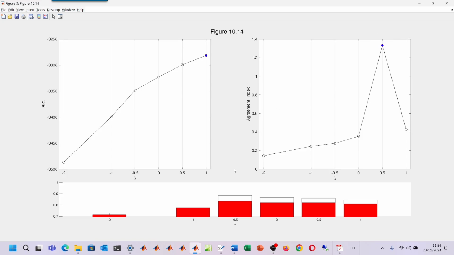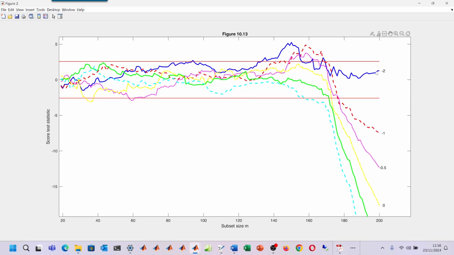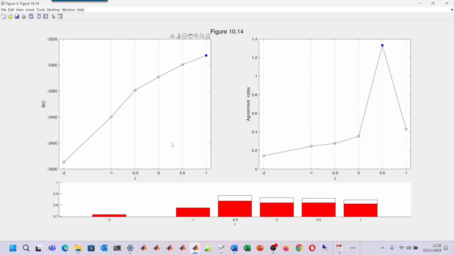A feature to which we would like to draw your attention is that in the fan plot, the trajectory for -2 seems to be behaving quite well towards the end of the search, although here, using the BIC, it is very firmly considered to be unsatisfactory. Note that there is an agreement between the BIC and the agreement index, in the sense that -2 has the lowest confidence for both indexes.